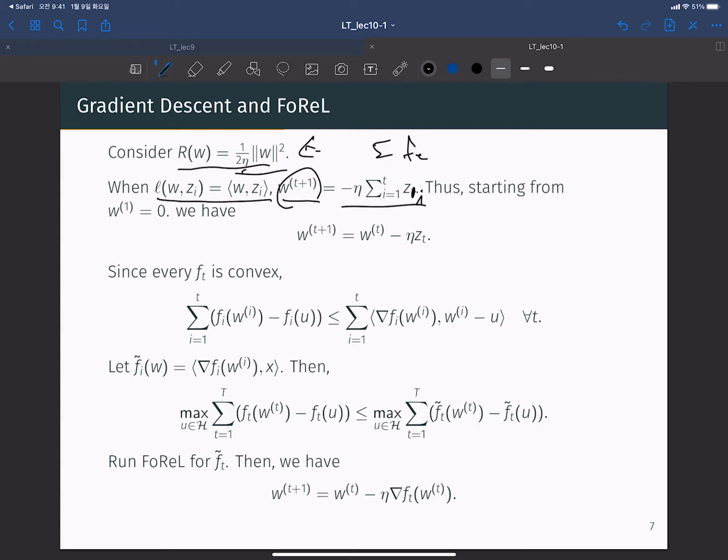In other words, when we start from the 0 vector, we have w_{t+1} equal to w_t minus eta z_t. This is kind of gradient descent. Why? Here, the gradient of the loss function with respect to w is just z_i. So every time step, we move in the negative direction of the gradient with step size eta, when we introduce this additional regularization term R(w).